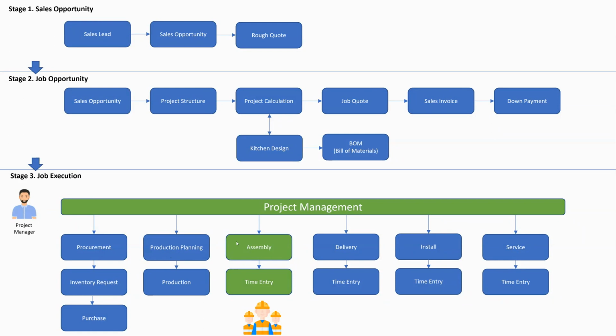But now what we're going to look at, in our simple demo with just Roger's kitchen, is how do we handle that production? So we're going to move into the role of manufacturing manager.